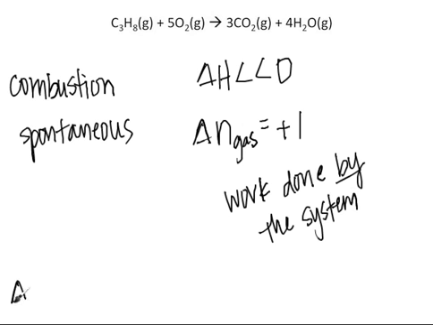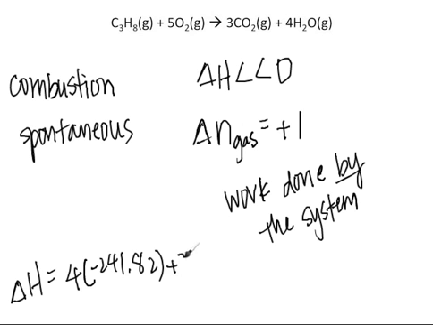Okay, let's calculate the delta H. So the delta H for water, again looking at the table, is minus 241. For carbon dioxide, it's minus 393.